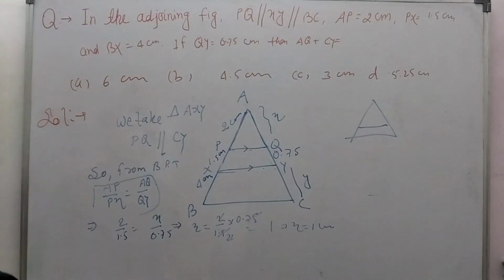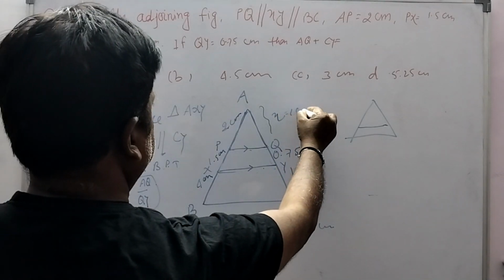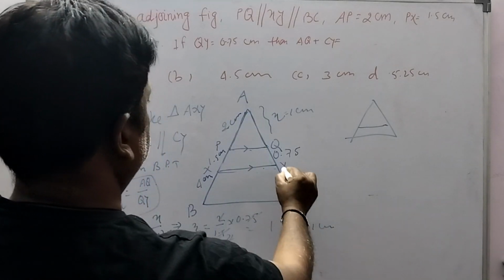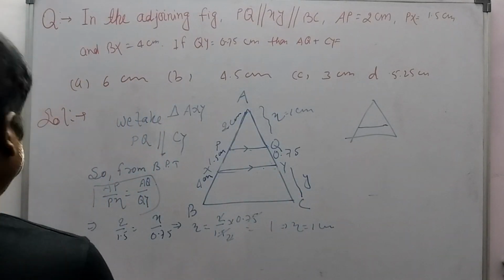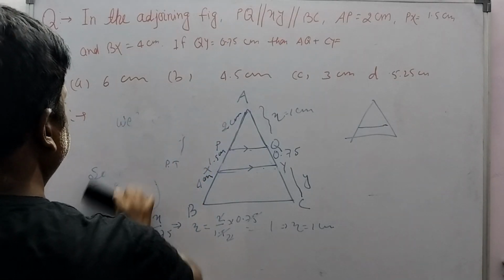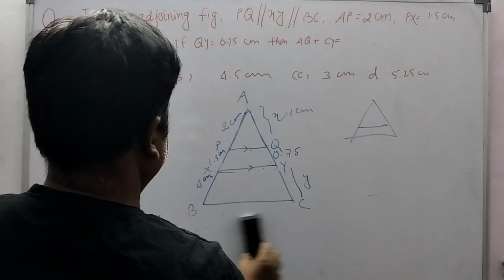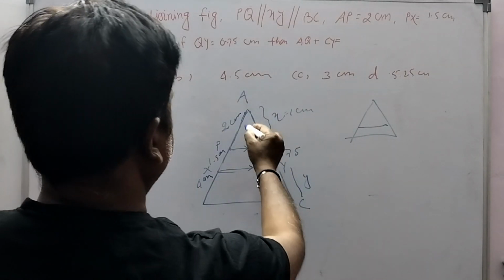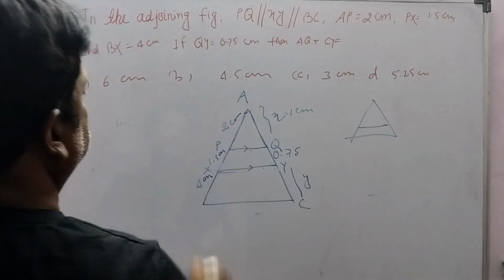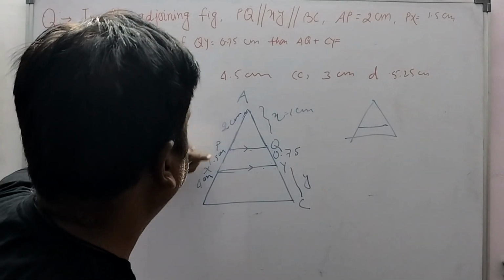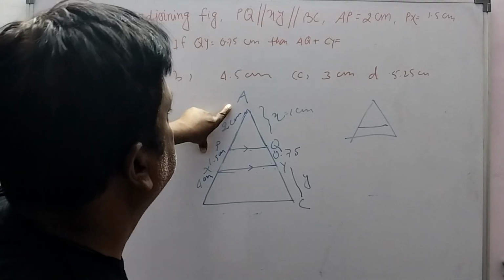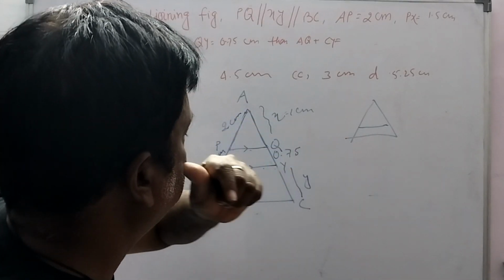So using triangle AXY and the BPT theorem, we find X equals 1 centimeter.